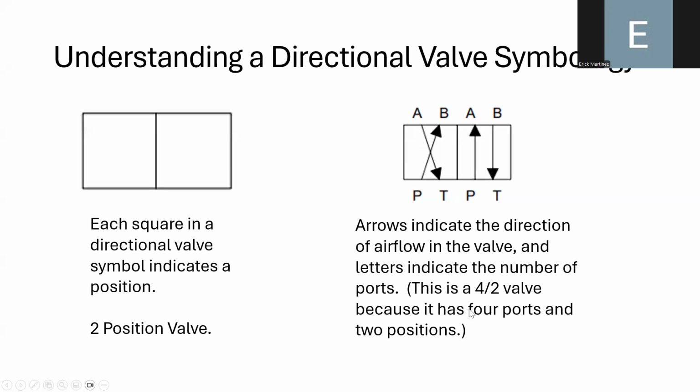Okay, so remember, in order to describe a directional control valve, we first use a number that indicates the number of ports. Here we have four ports, so we use a 4. Then we have a diagonal, and then a 2. And this 2 refers to the number of positions in the directional control valve. Okay? And remember that the number of positions is determined by the number of boxes in the symbol of the directional control valve. So, well, let's continue.